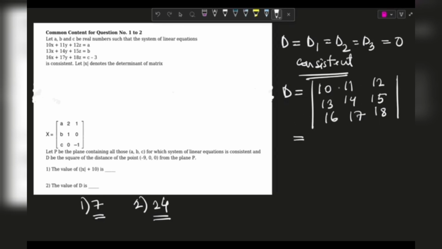As you can see, these are consecutive numbers: 10, 11, 12, 13, 14, 15, 16, 17, 18. What you can do is C1 as C1 minus C2, and then you will have 1, 1, 1, and then you can do R1 as R1 minus R2, any two rows, and finally you will get the answer to be 0.